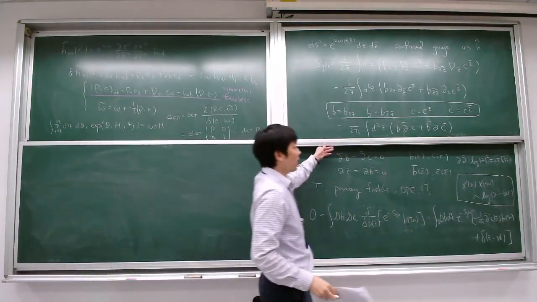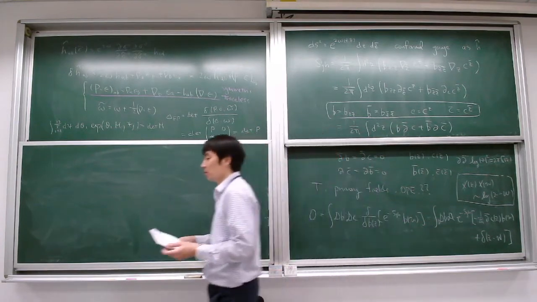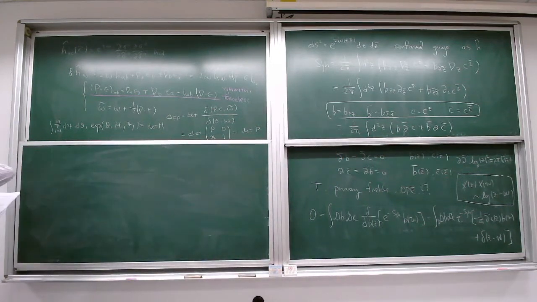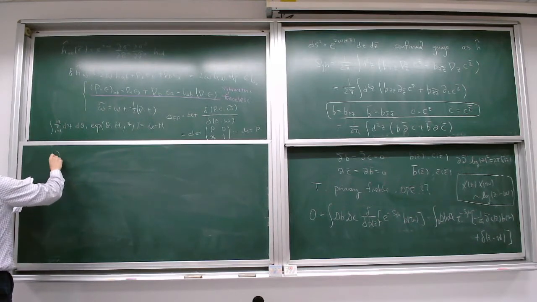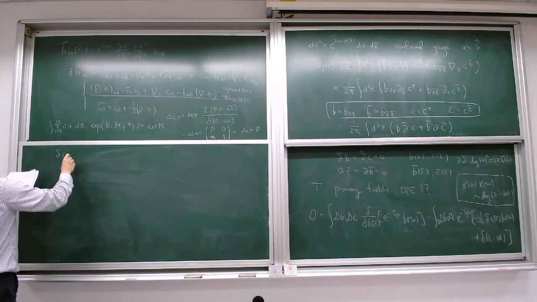So anyway, this kind of computation you have to be fluent in when you study 2D CFT. Whatever point of view, even condensed matter and so on, once you do the OPE computation, you have to do the OPE computation.